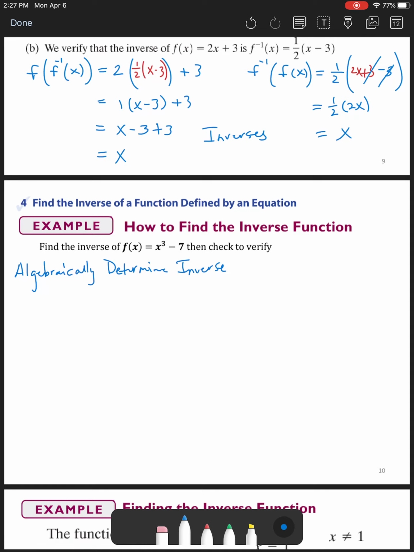All right. So there's several things that you can do. It's completely up to you, but this is what I like to follow. First thing first, you rewrite f of x as y.